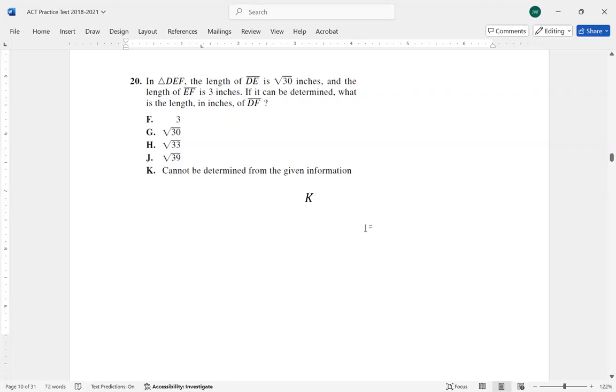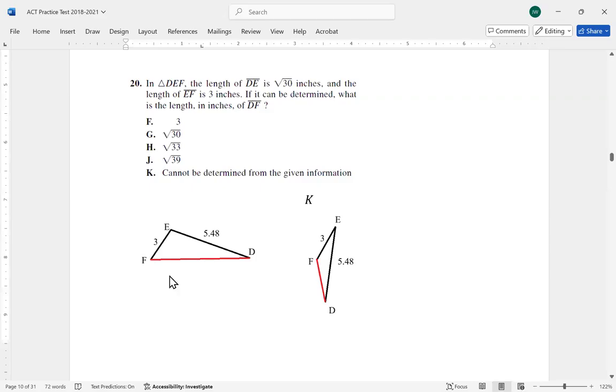Now let me draw you a picture just so that we're all on the same page. Here I've drawn two different triangles, but the square root of 30 is about 5.48 inches. So that's where I wrote DE, length of about 5.48, and then EF's length of 3.